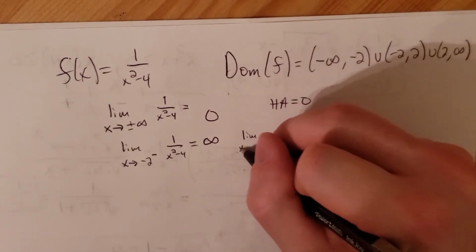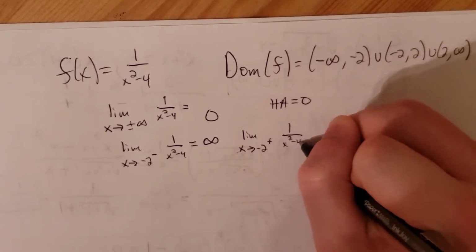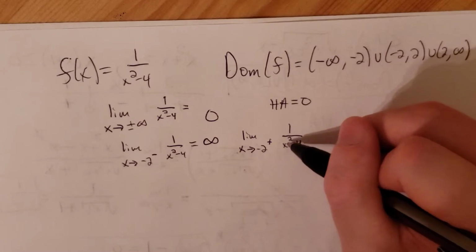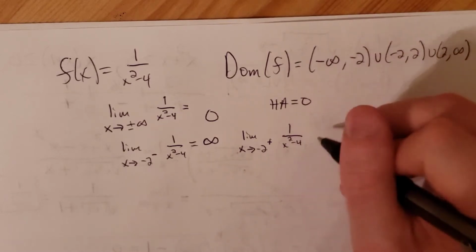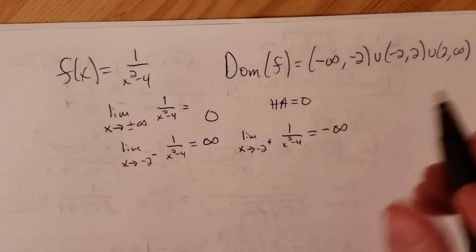Then similarly, the limit as x approaches -2 from the right. Now we're going to approach it from the other side. These are going to be just smaller than 4, so these are going to be negative in the denominator. So this approaches negative infinity.